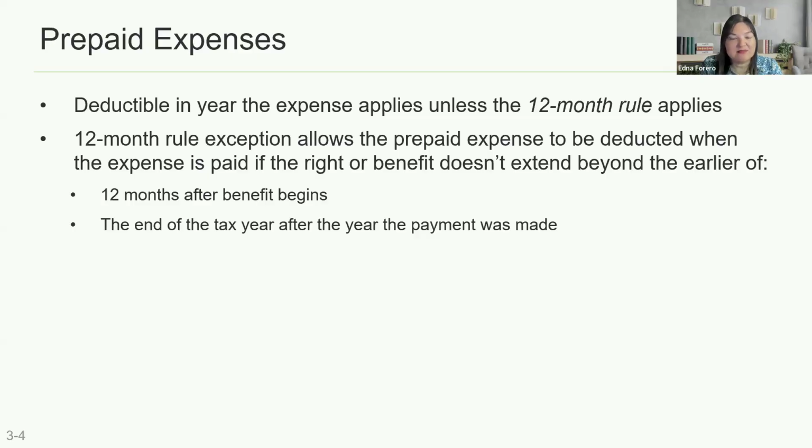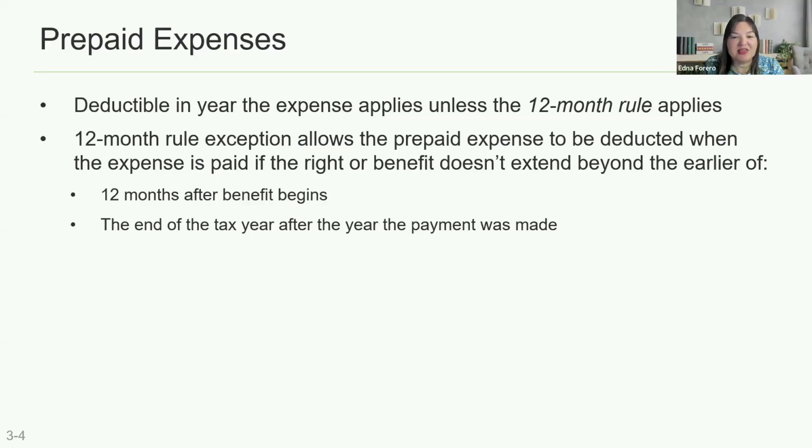So for some of our clients, they may have received some income, they've got variable access to that income, and they want to prepay their rent or prepay their storage fees, for example, if they've got a storage unit. But we want to make sure that that money is within that 12-month rule.